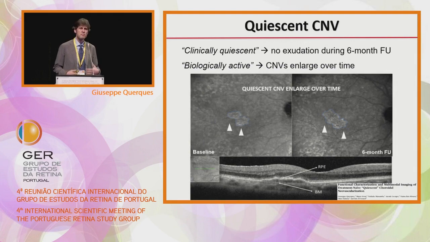But despite this minimum 6-month follow-up, we also realized that while they were clinically quiescent because of absence of any kind of exudation, indeed they were biologically active because, as you can see here, there was some growth of this plaque on ICG. So growth of the CNV in absence of exudation.